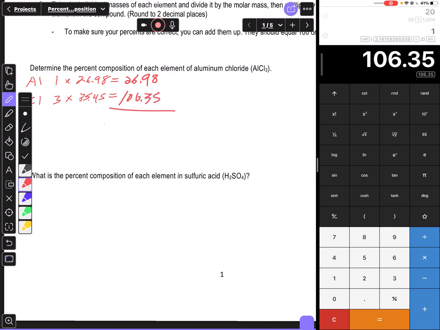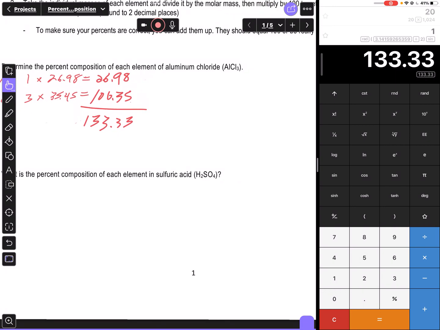I add those up to get the total molar mass. And that equals, if I did my math right, 133.33.